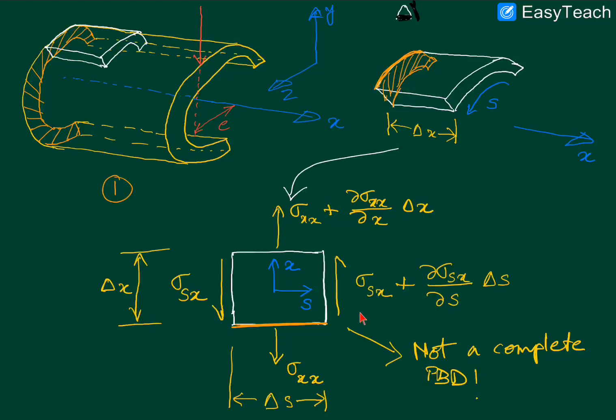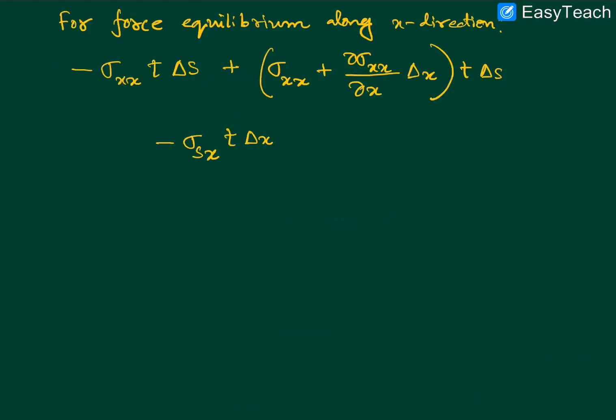Next, considering this contribution, which you note is oriented along the positive x direction, we'll have sigma sx plus del sigma sx del s delta s, this whole thing times t into delta x, and this entire thing has to be equal to 0 because the stress element is understood to be in static equilibrium.